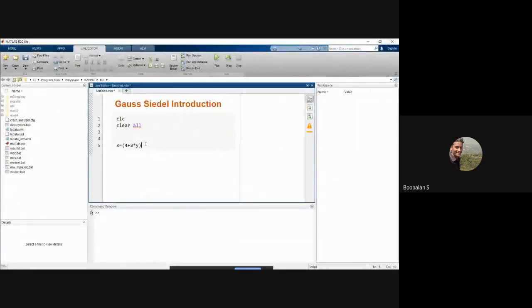This is equation number 1, and y equal to 7 minus 4x, whole divided by 5. These are the two equations we need to solve.